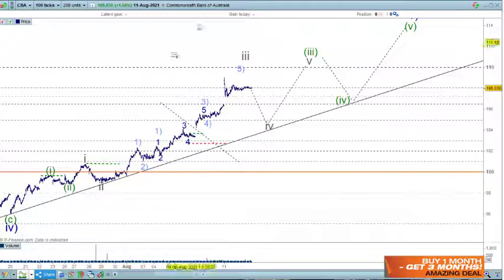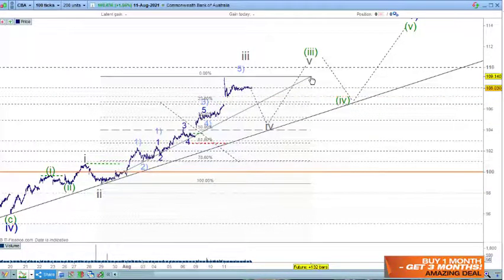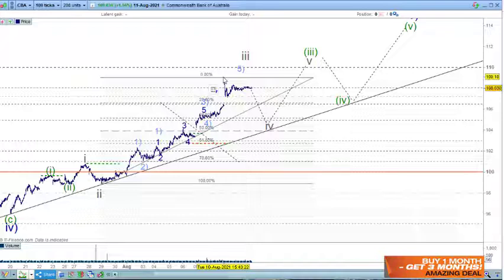So if this is wave 2 here, let me just bring this out of the way just to be a little bit surgical about this. Take that wave 2 low, and let's just take it to that current high at this stage. So that's the 38.2% in here. So that brings us back to 105. So there, that's a nice number.